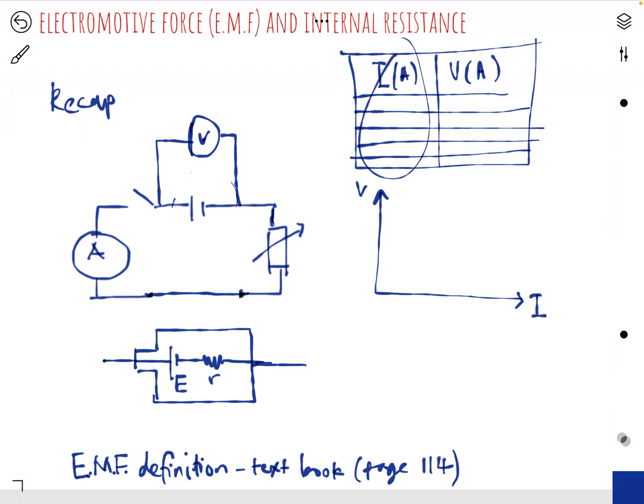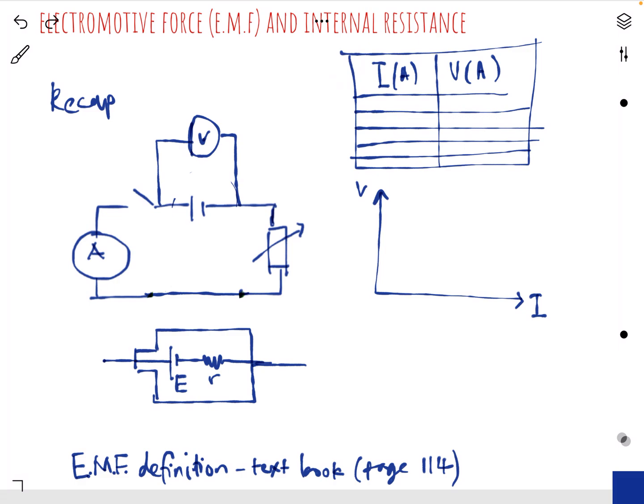Now we have variation of current because we have a rheostat here, and then when you do the experiment, you're going to get the value for voltage. Now here, look at the switch. The switch is off. This means that current cannot flow.